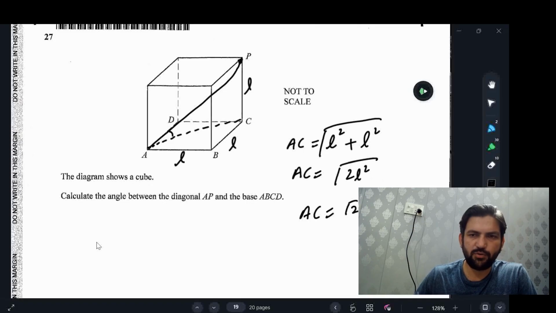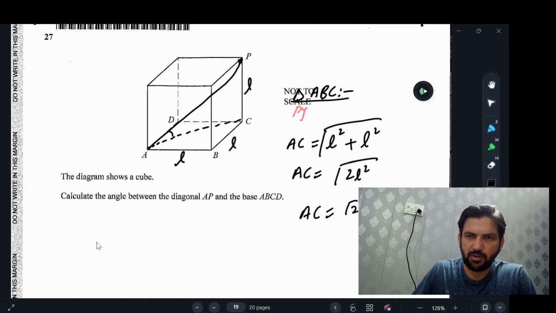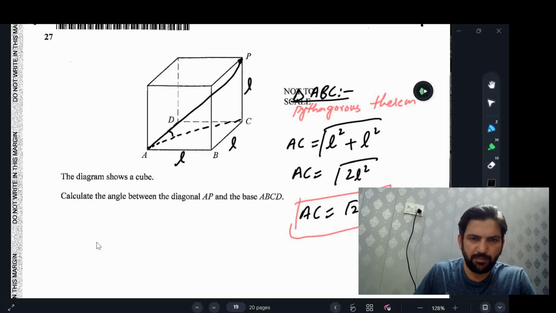Now I am applying the Pythagoras theorem on triangle ABC.